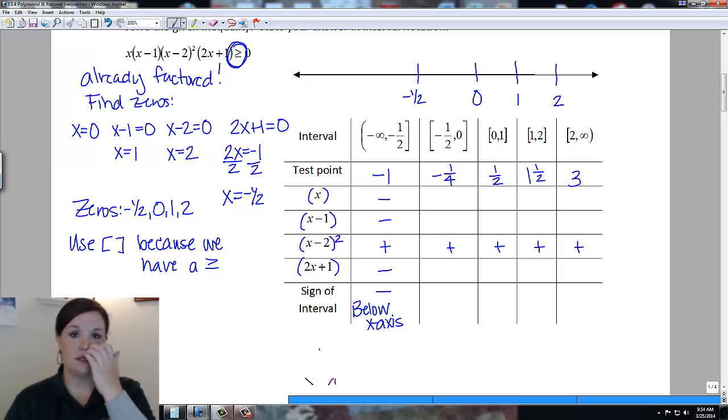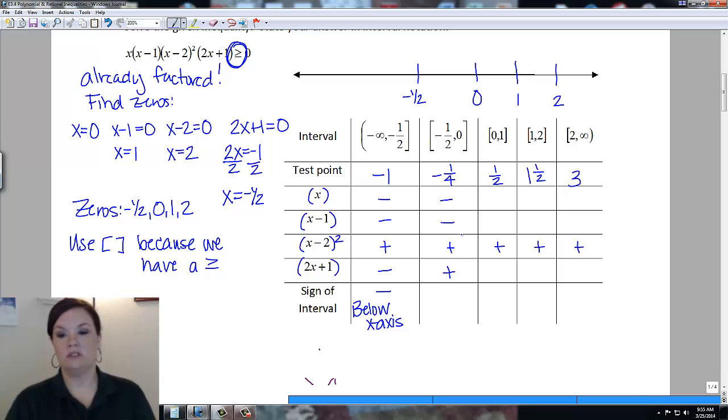Okay, so I want to do the same thing for this next interval. To represent between -1/2 and 0, we picked -1/4. When I plug -1/4 into x, that's going to be negative. -1/4 into my next factor, x minus 1: -1/4 minus 1 is going to be negative. -1/4 minus 2 ends up being negative, but when I square it, it becomes positive. -1/4 into my last factor here: 2 times -1/4 is -1/2, plus 1 gives me positive 1/2, which is positive.